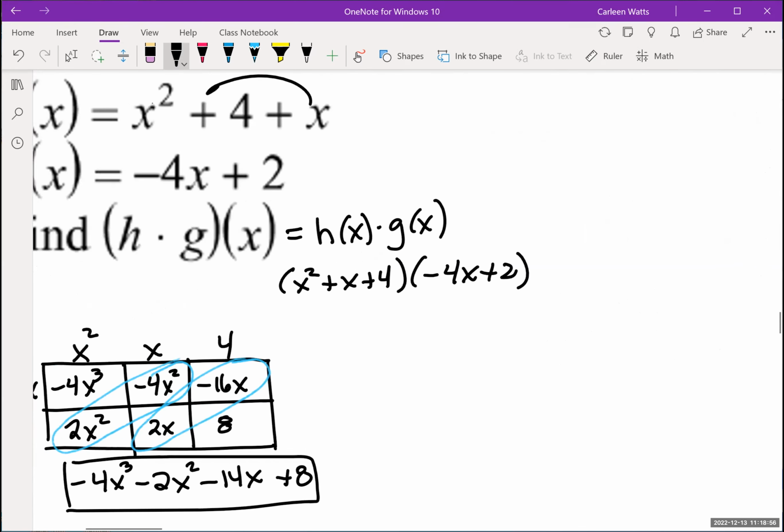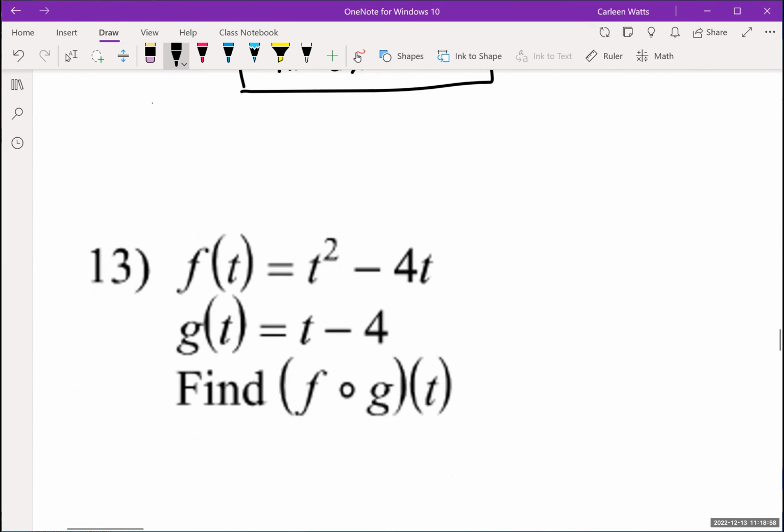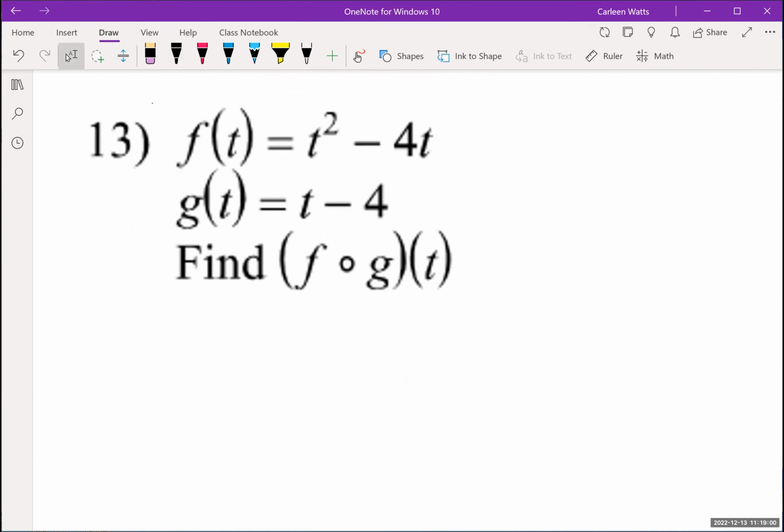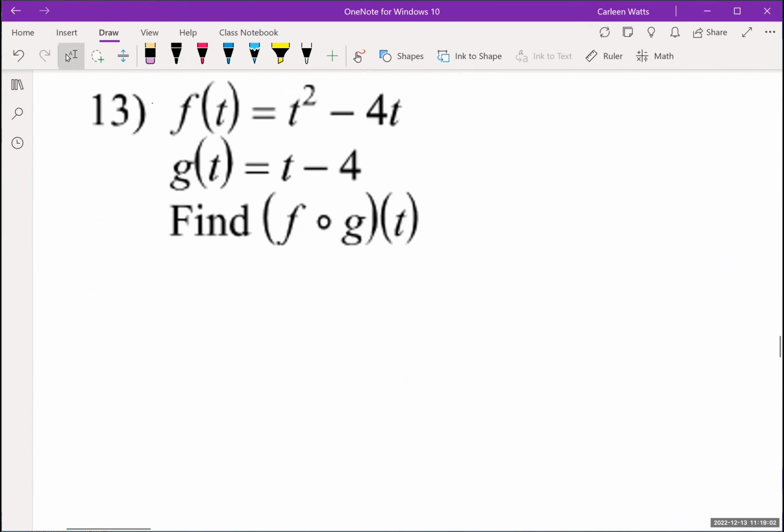Oh, there you go. Thank you. Okay, now for the hard one. Let's split it. Equals F of G of T. Now we have a variable in there.